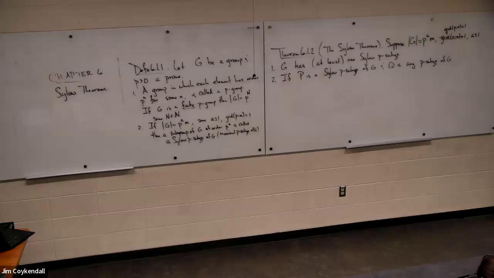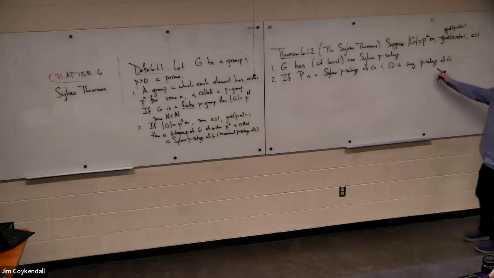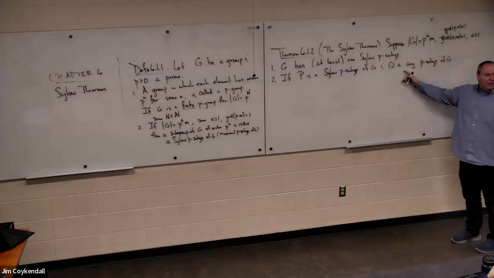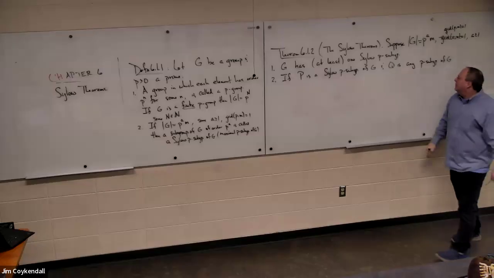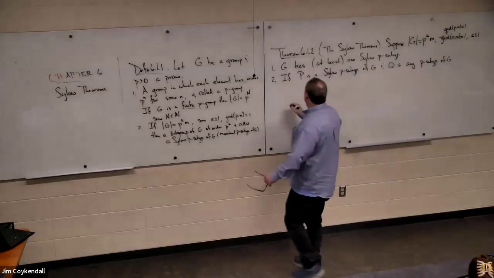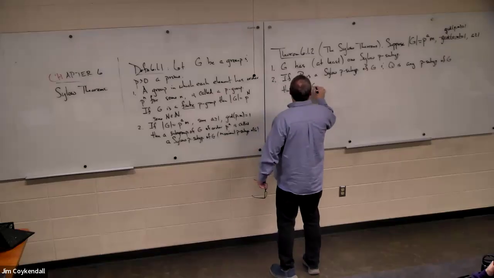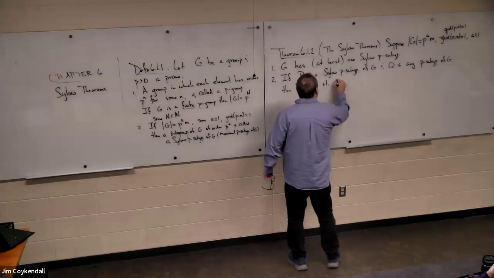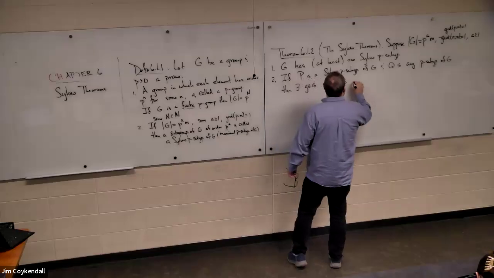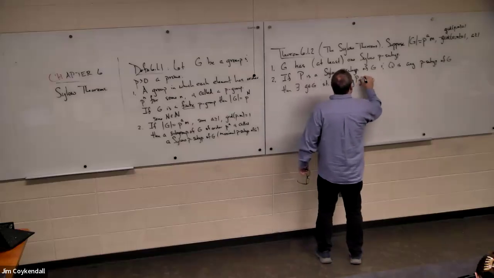So suppose P is a Sylow P subgroup of G and Q any other P subgroup, right? I don't claim that this is a Sylow P subgroup. It's just some subgroup of order P to some power A or less. Then there exists a g in G such that Q is contained in gPg inverse.